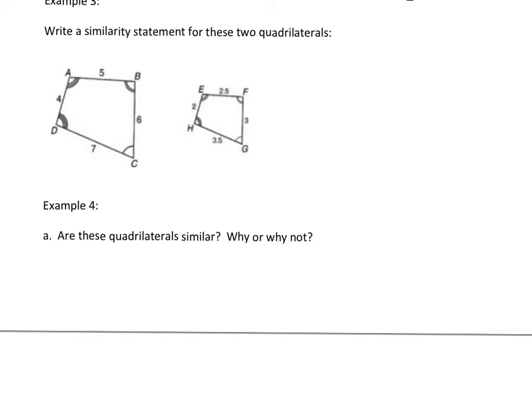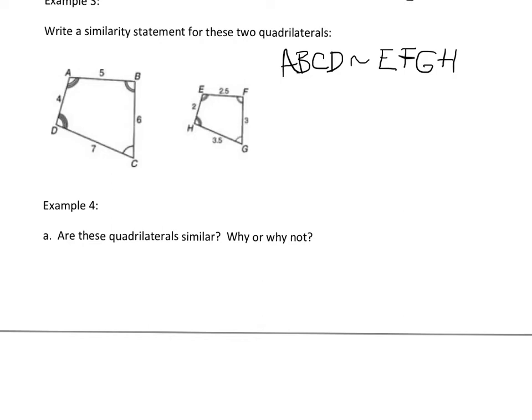So our similarity statement would essentially be to say that polygon ABCD is similar to polygon, I'm going to start up in the same corner with EFGH. And once again, I can check that because I know C and G are the same, so they are both the third letter and they should line up as I have.